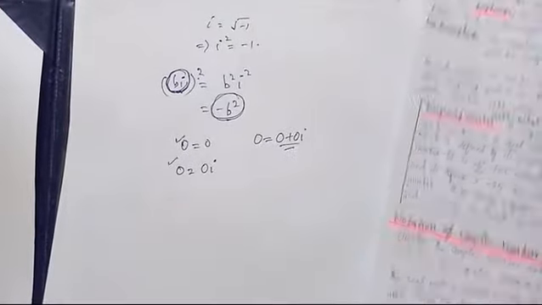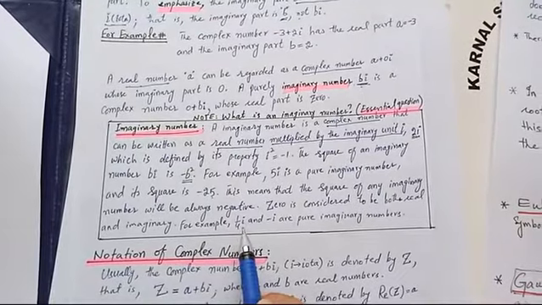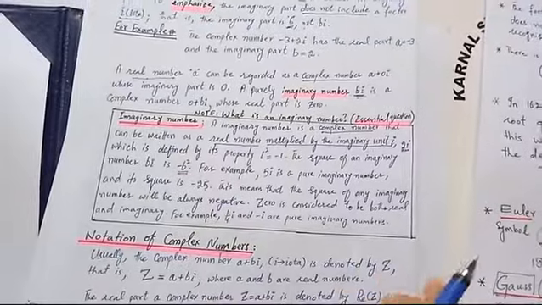So for the case of 0, its real and imaginary parts are both 0. Example, 1 divided by 4 iota is a pure imaginary number, and minus iota is also a pure imaginary number.